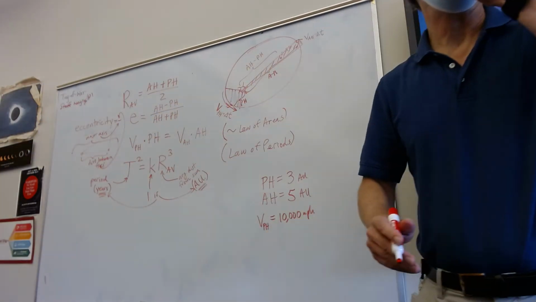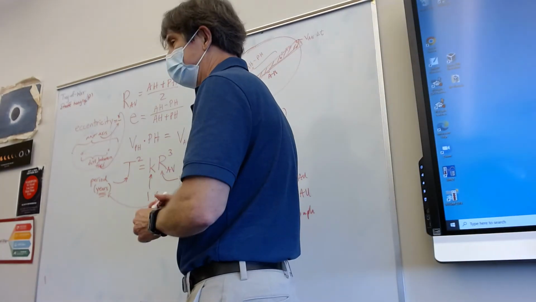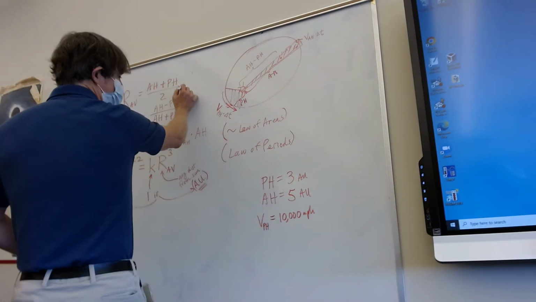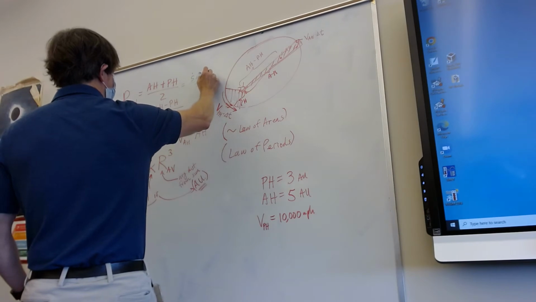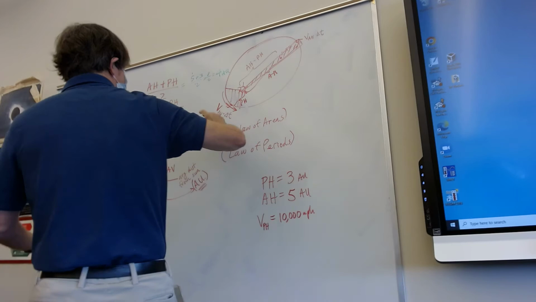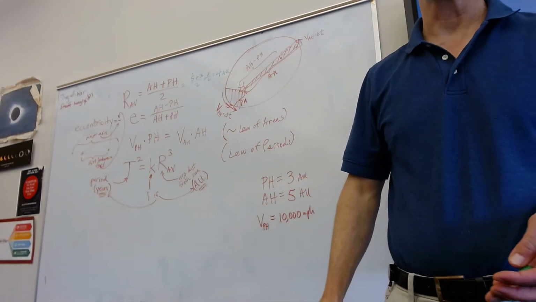Let's see if you've got our average figured out. What is our average? 4, thank you. Indeed, 5 plus 3 over 2 is 8 over 2. Makes 4. 4 what? 4 AUs. The average distance is 4, if it gets as close as 3 and as far as 5. You with me so far?